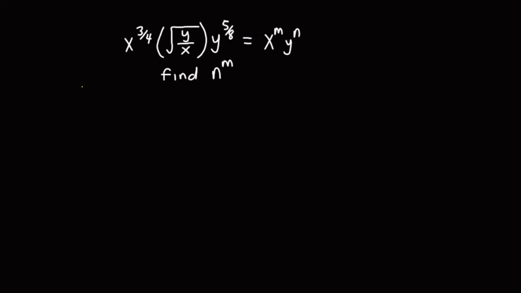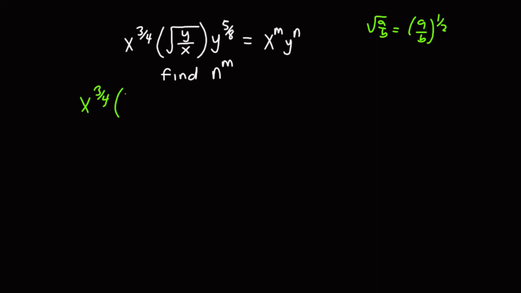So let's go ahead. I have x exponent 3 on 4. Now generally, if you have the square root of something, let's say a on b, it is the same as a on b all exponent 1 on 2.